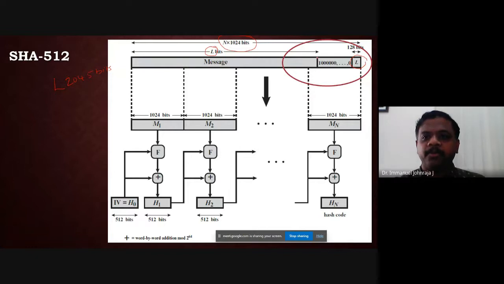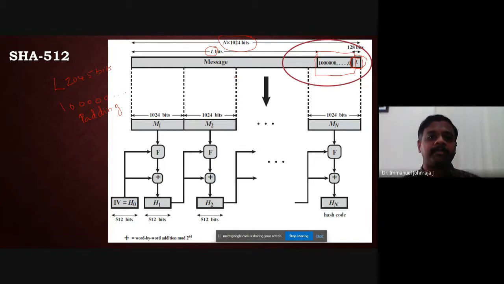But you should remember there is something called padding. Many times this padding is used to confuse the attacker as well. So padding happens, which contains a 1 followed by some number of zeros, as many zeros as required, and then another 128 bits is added at the end, which shows the length of the original message before the padding.